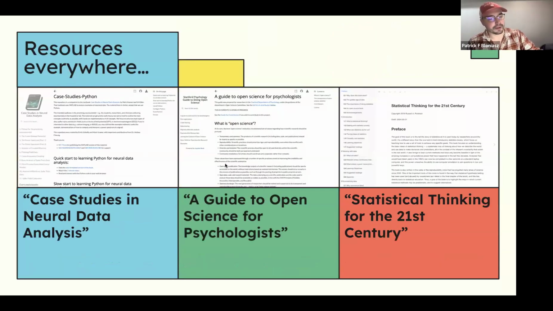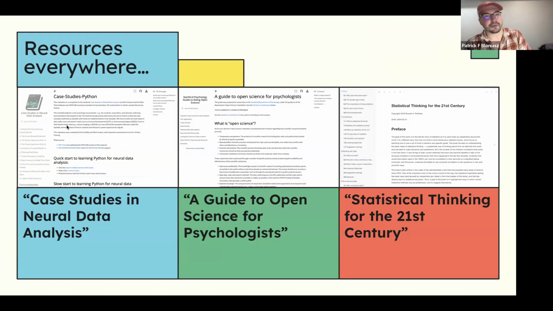The other thing that I want to flag here, the purpose of this workshop is not to teach you how to code in Python, and it's not even to teach you how to code in the domain of neuroscience or psychology. There are a ton of wonderful resources everywhere, three of which I've just put up here, one being case studies in neural data analysis, a guide to open science for psychologists and statistical thinking in the 21st century.